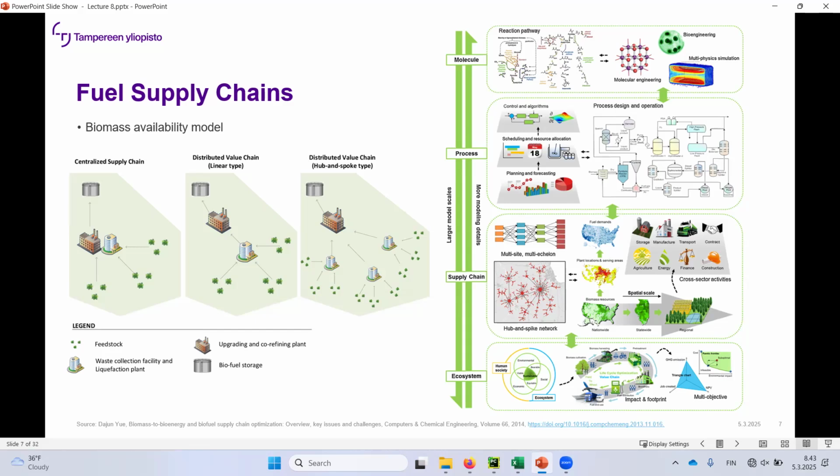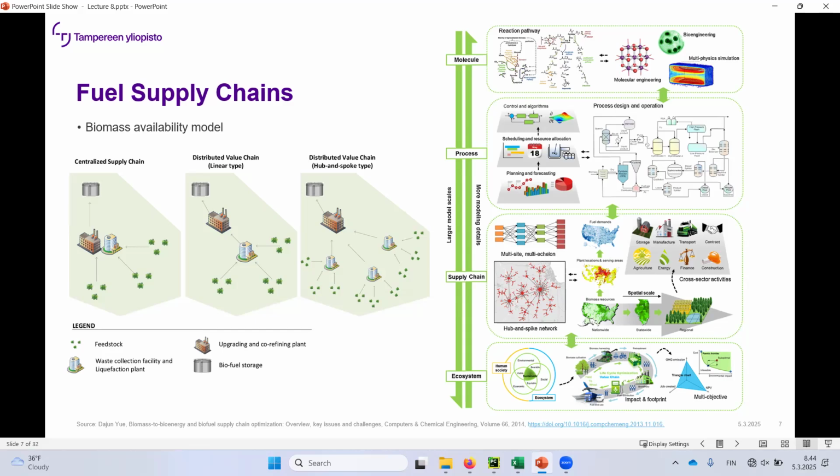So that's one area of study. Then you have the process in which the biomass is either upgraded or consumed. You have the process modeling, and our energy engineering students are mostly familiar with these two steps. But then you have the supply chain and the whole ecosystem that you can take into account in the models.